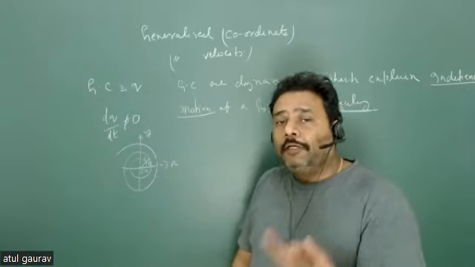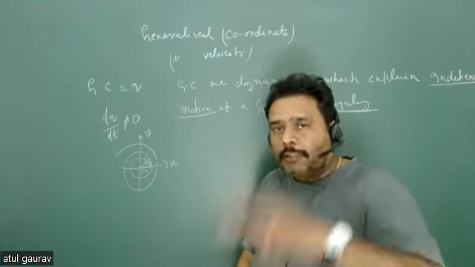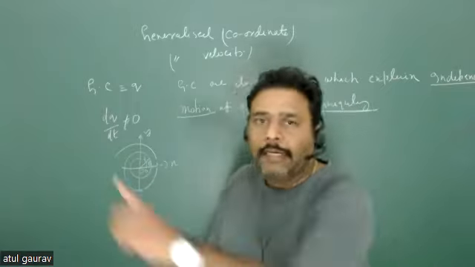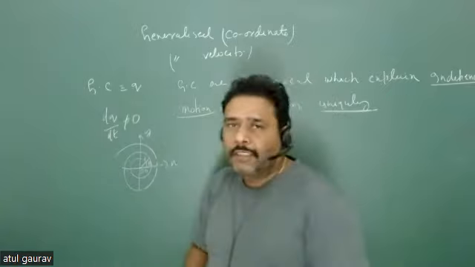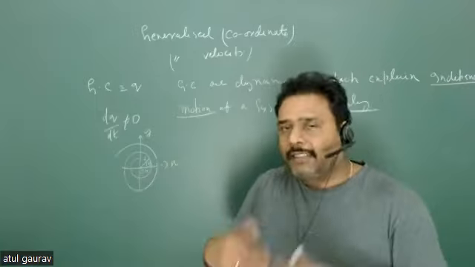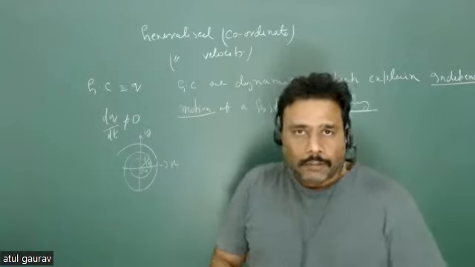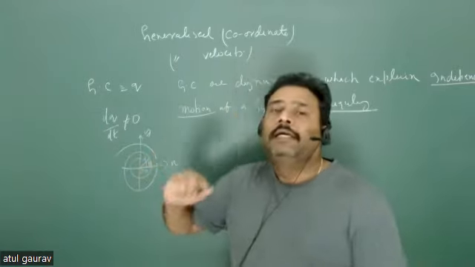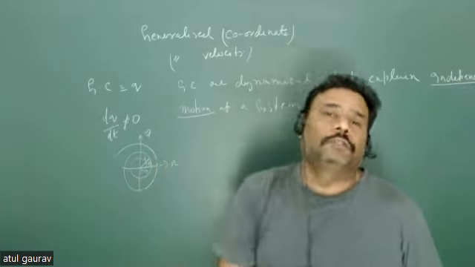So we need two independent dynamical variables, and they will explain these two motions uniquely. It means r will only tell you about the radial motion, and theta will be uniquely associated with the angular motion. So they are independent, and each can independently tell about one particular unique motion.